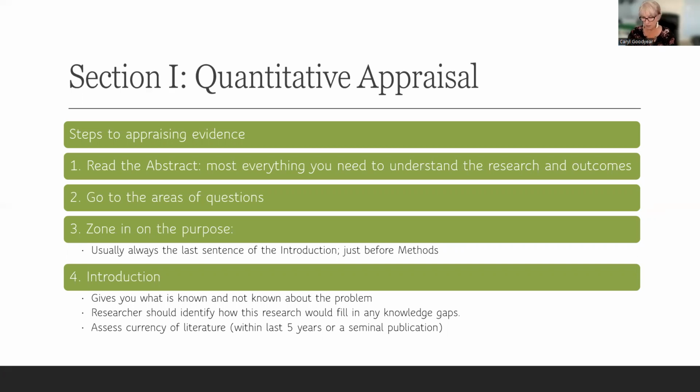The other thing that I do immediately is look at the introduction and go to the last paragraph, specifically the last sentence. Generally, that last sentence is going to give you the purpose of the study, which puts your mind in a frame of what the study is about, so you have a good frame when you really start reading the article.